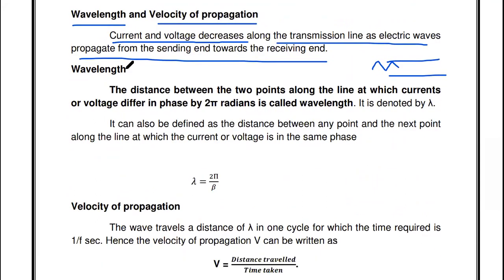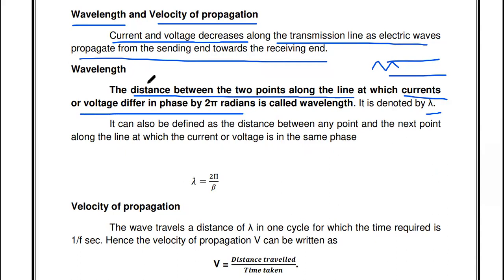So what is meant by wavelength? Already you know the wavelength is denoted by lambda. Wavelength is nothing but it is related to some length. So what is wavelength? It is the distance between two points along the line at which the currents or voltages differ in phase angle by 2 pi radians.